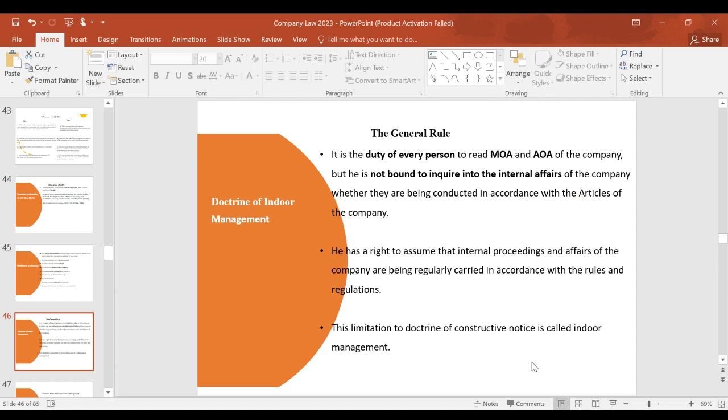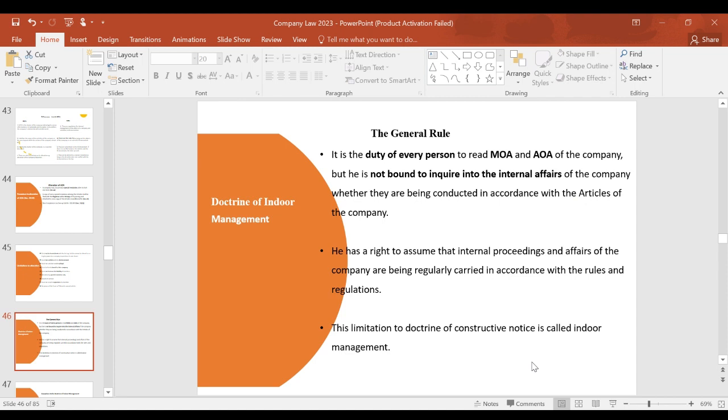And that doctrine requires that the company should be run within the confines of the Articles of Association. So we leave the articles to dictate the boundaries of all the managers, the directors, and all those that deal internally with the company.